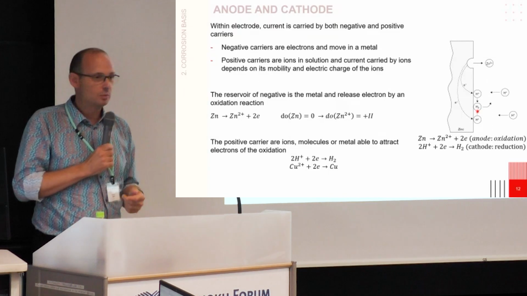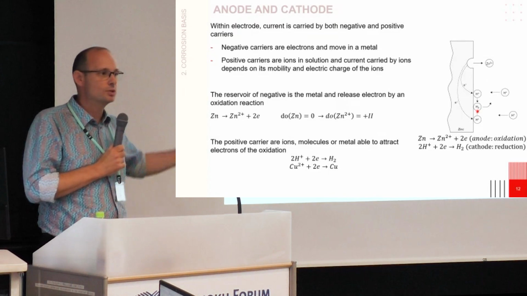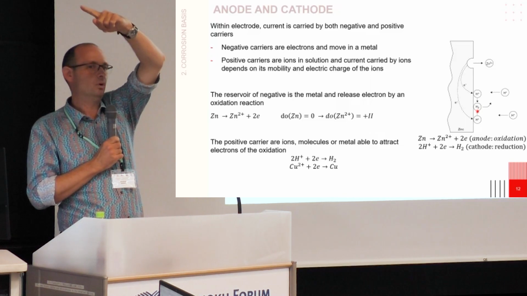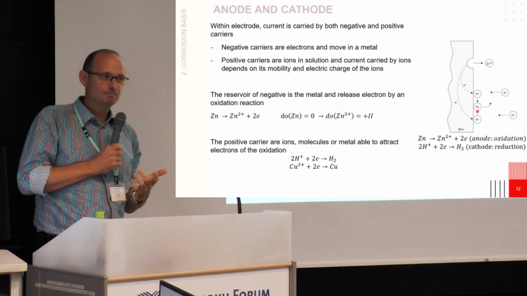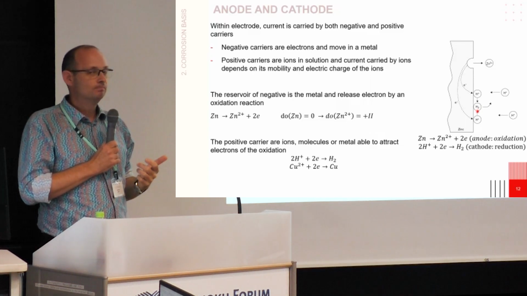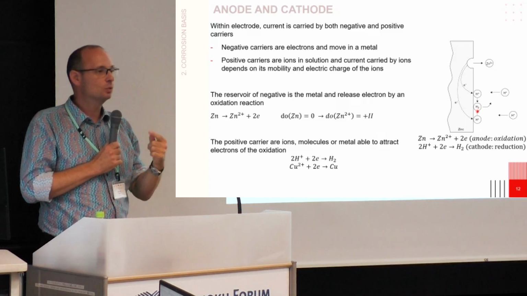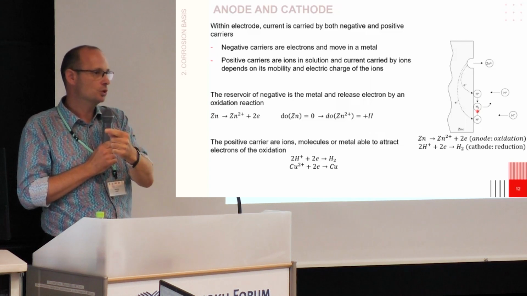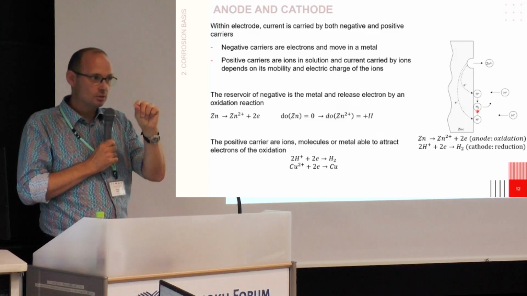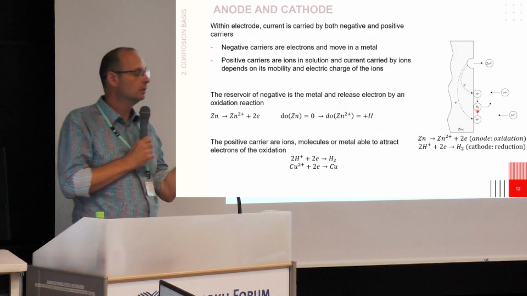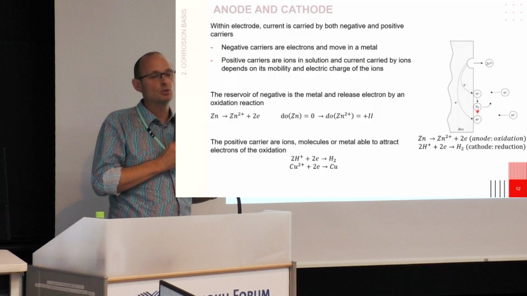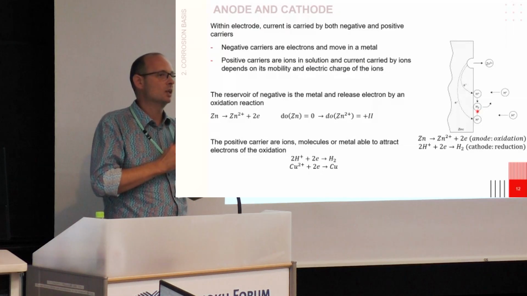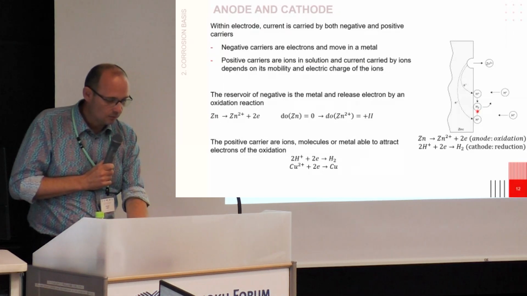In the example given here, H2 moves into the solution. Sometimes adsorbed H doesn't want to go into the solution. They don't want to be associated, and they are going back inside the metal. You are in the case of hydrogen embrittlement, hydrogen charging. This is a very specific case.